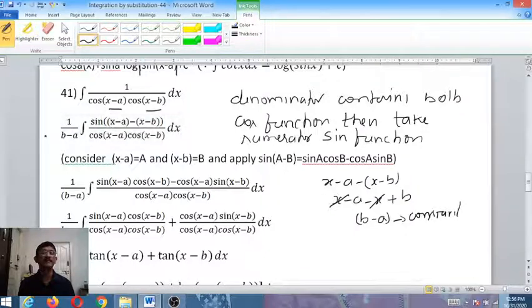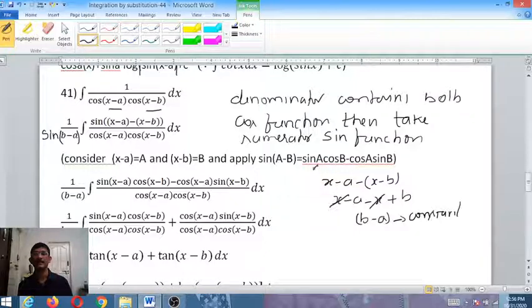So to cancel this, I have to write this as 1 divided by sine of b minus a into this numerator. When the numerator is simplified, the sine of b minus a cancels and 1 comes. Now look at this, take x minus a as a, take x minus b as b and apply the formula sine of a minus b. It is sin a cos b minus cos a sin b.